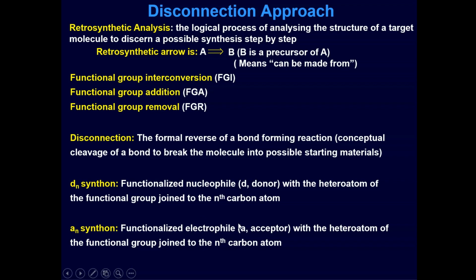Electrophile means electron loving, meaning it is deficient in electrons. It has a heteroatom in the functional group of this functionalized electrophile attached or joined to the nth position of the carbon atom.